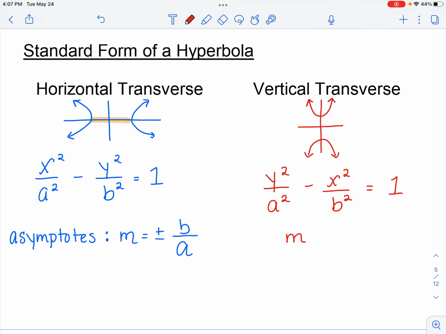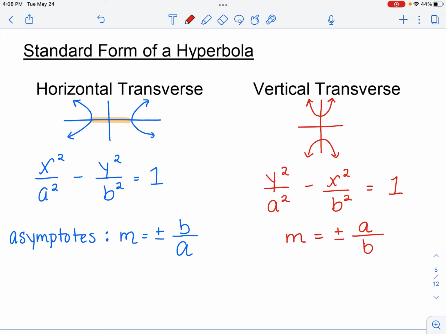And those slopes, again, one positive, one negative. Underneath the y is the a this time. So change in y is related to the a, my apologies. Change in x, under the x is the b squared, so under the x is the b.